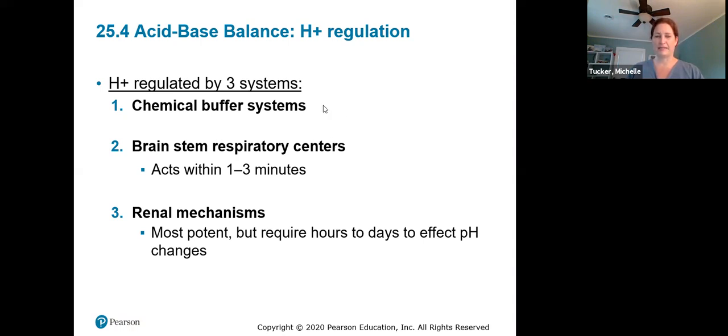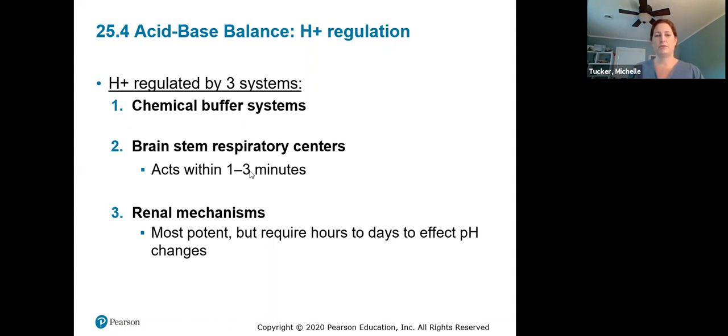They are immediate, but they are dependent on how much weak acid or weak base you have available, because they tie up hydrogen ions, but they don't actually excrete them. So they're great because they're quick, but their capacity is limited.